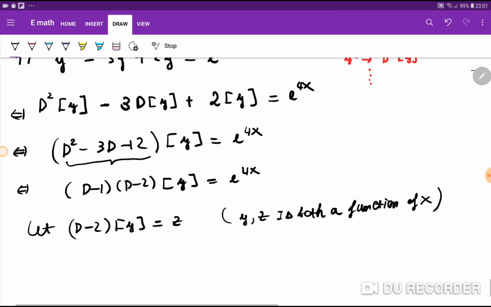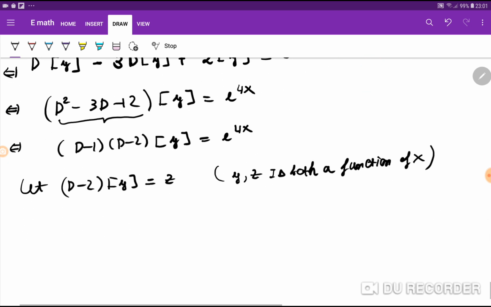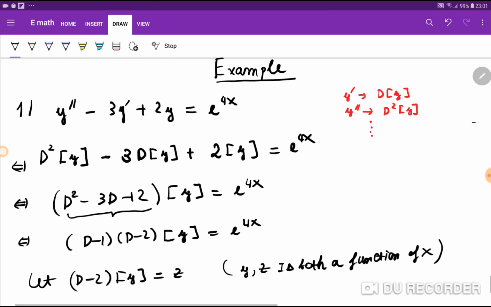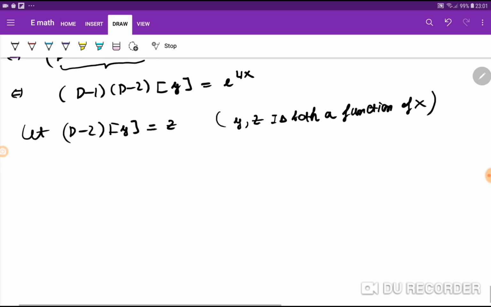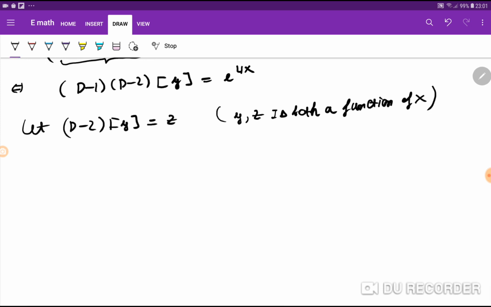We're doing single variables right now, so every function is a function of x. So you rewrite equation 1. What will you get? You get (D minus 1) z equals e to the power 4x.